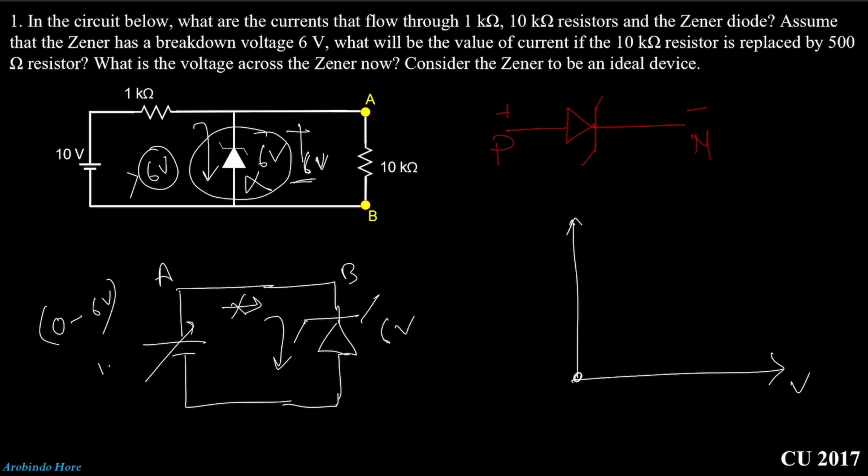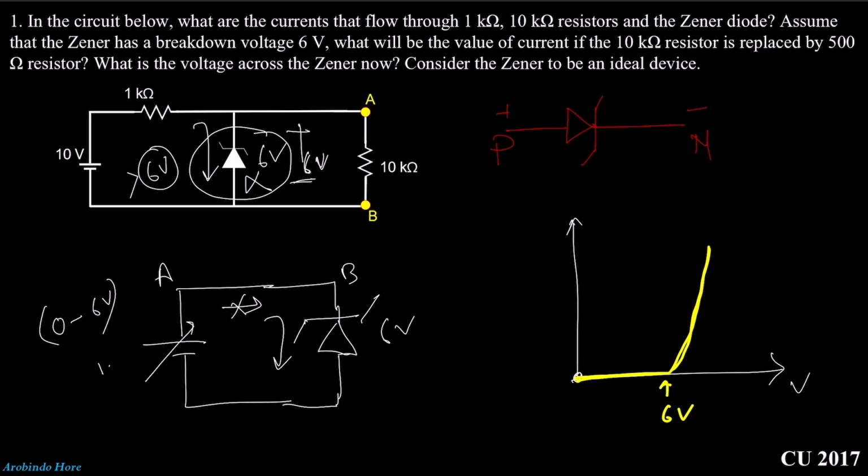Current will be 0. That means we will see the current like this, and this point is 6 volt. After 6 volt, current will flow. This is for the reverse bias in the Zener diode.